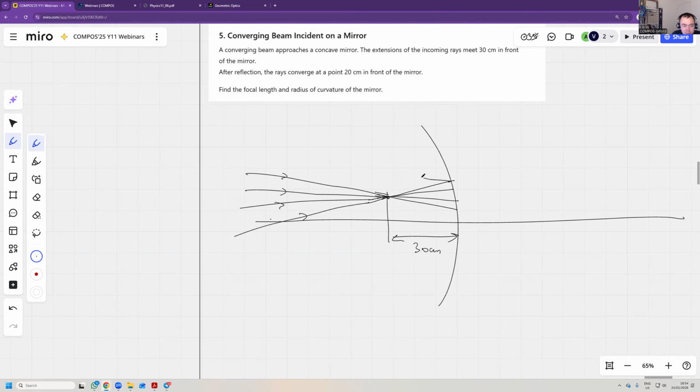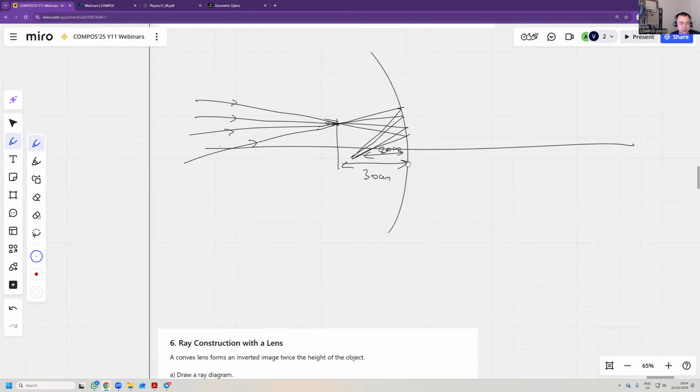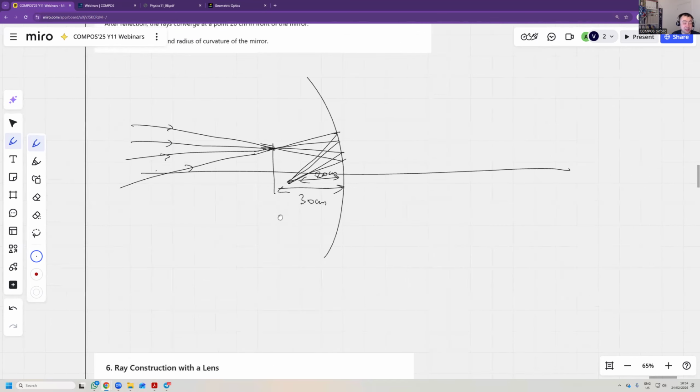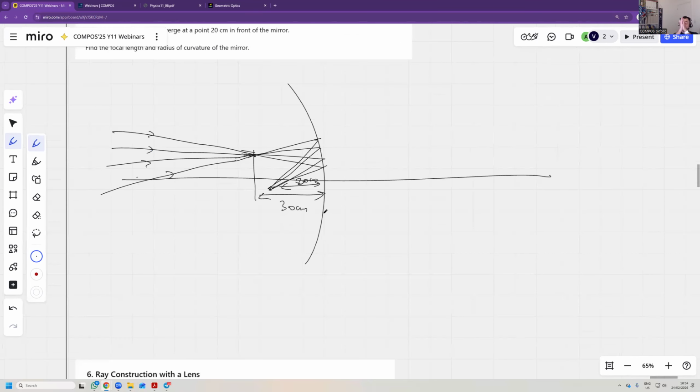Imagine they would meet somewhere here, 20 centimeters in front of the mirror. Right, so I hope that looks all right. And it looks very messy.